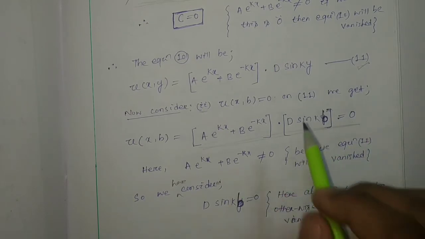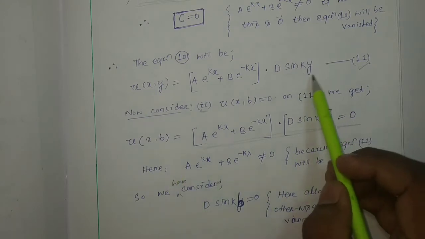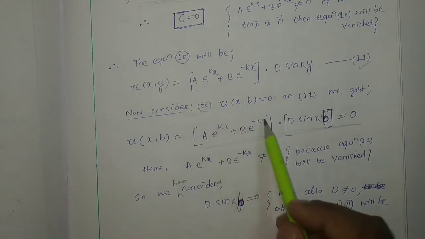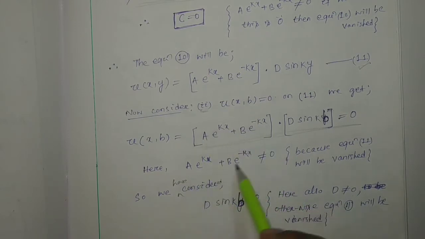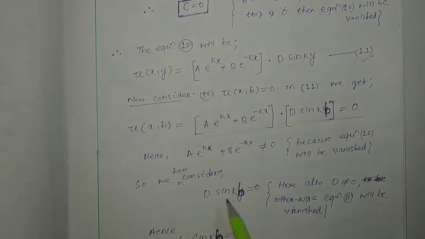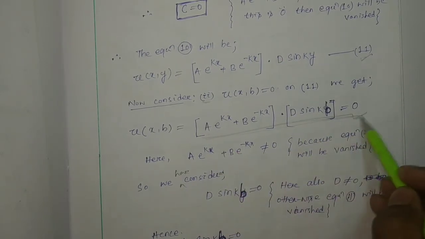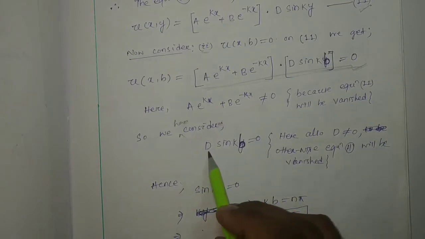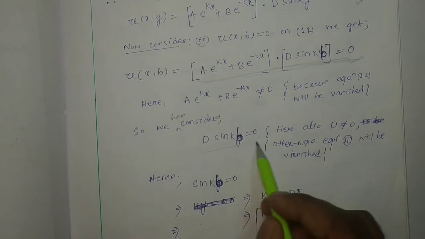Either way, you have to understand that here you have tailored this term by considering y equal to b. So you are not bothered that this term has to be 0. This term is not to be 0, and this term you have to consider as 0 to satisfy this equation.